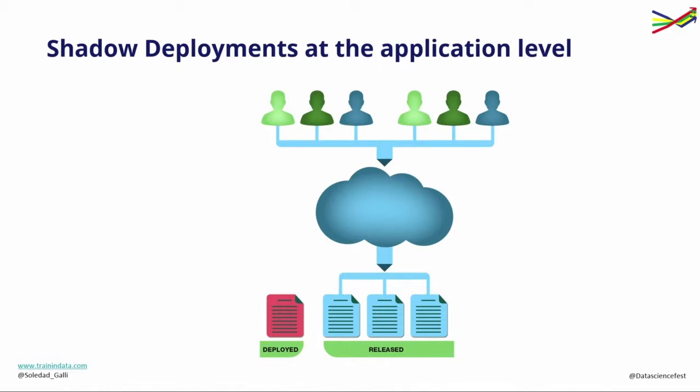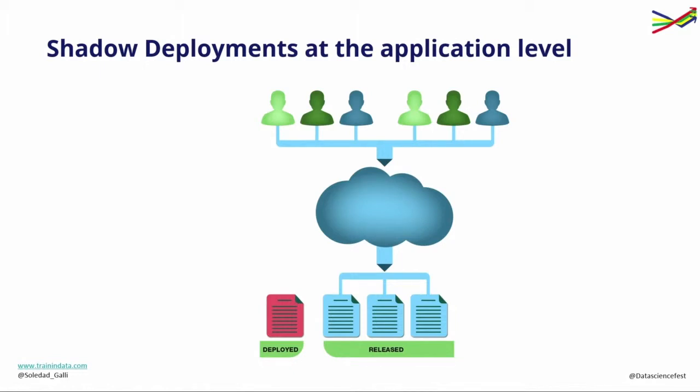There are two ways to implement shadow deployments. The first is at the application level. So let me walk you through this. This is basically where you're actually adjusting your code to say that, OK, we've got V1, the existing version of our model, and we've got V2, which is in shadow deployment.